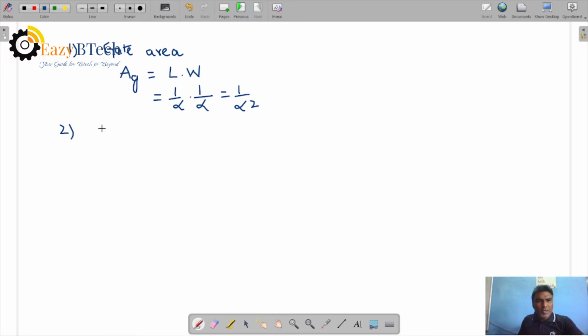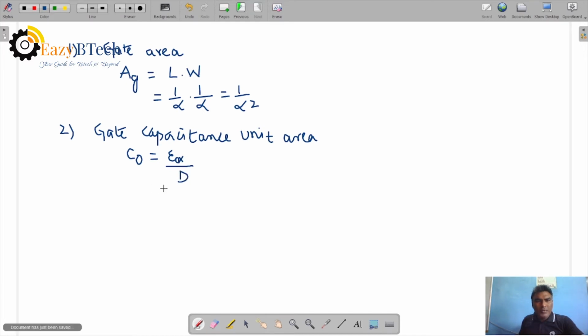Now, gate capacitance per unit area. This is C naught. C naught is equal to epsilon oxide by D. Right? Epsilon oxide is equal to epsilon insulation into epsilon naught.